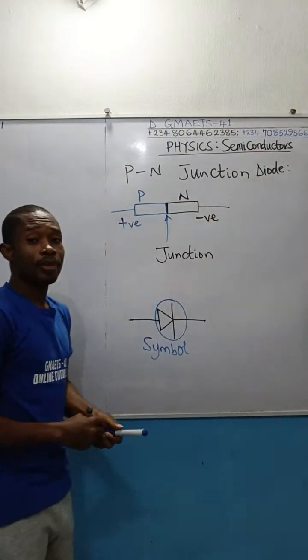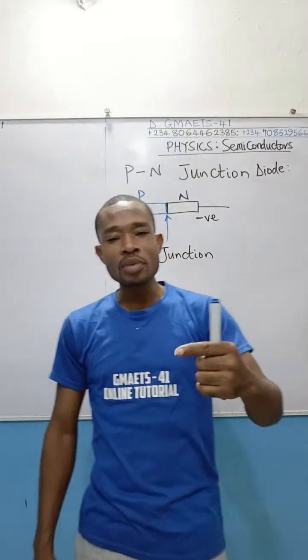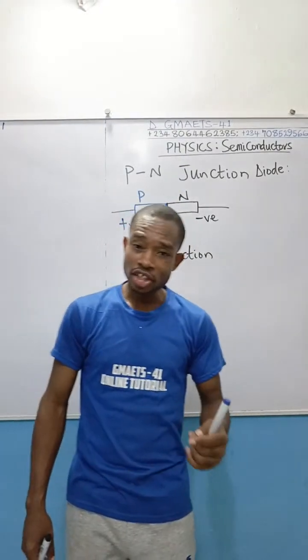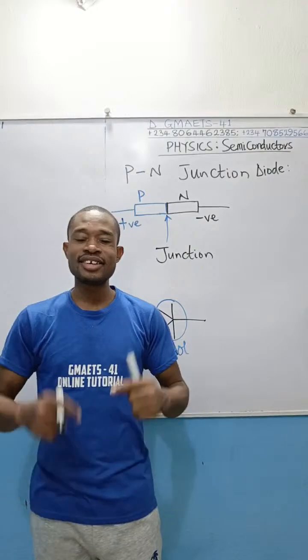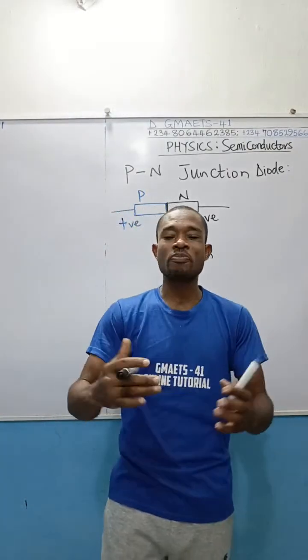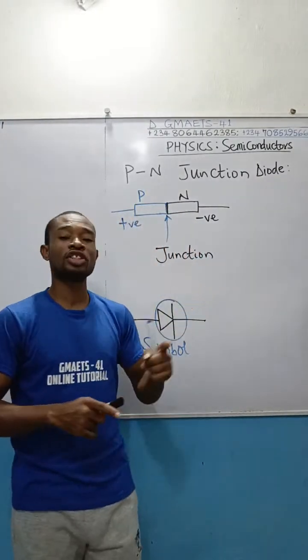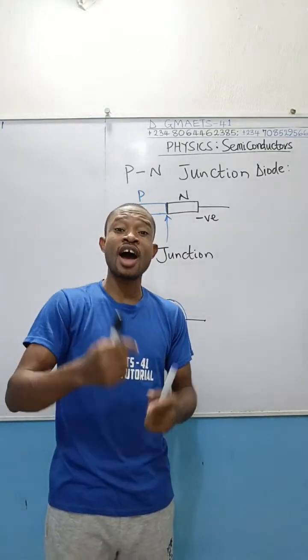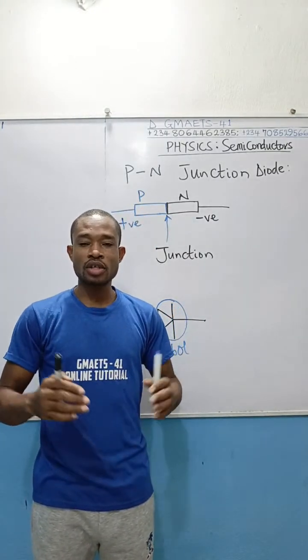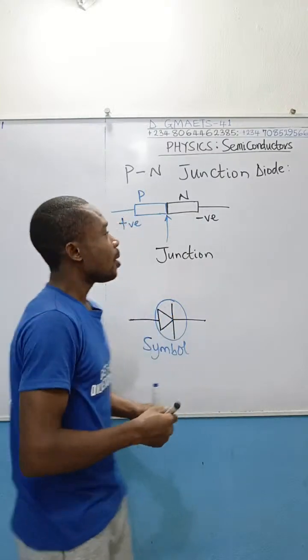So let us see what happens. We are going to study the forward biased connection of this PN junction and the reversed biased. Under what connection of potential difference do you refer to it as a forward biased PN junction diode, and under what condition do you refer to it as a reversed biased PN junction diode?